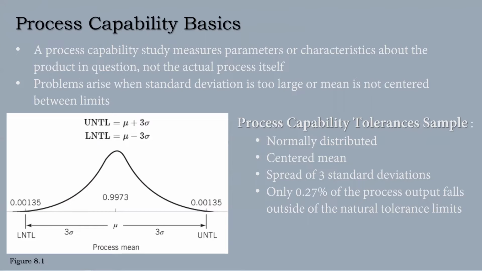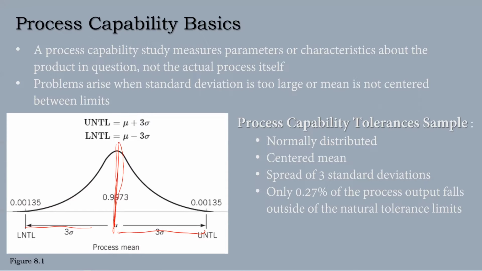In this picture, we can see that the quality characteristic in this specific process has a normal distribution, and we can see that the mean is centered. We can also see that there are 3 standard deviations to the right and left of the mean.